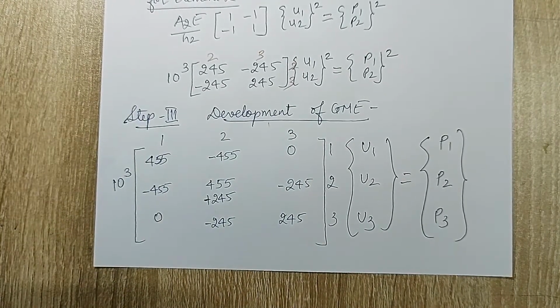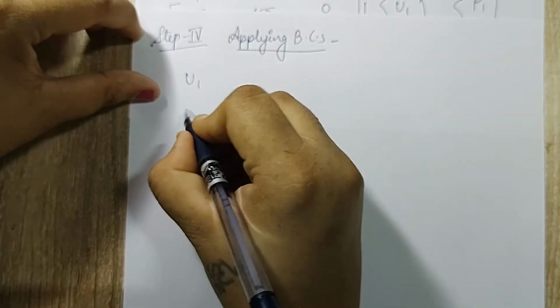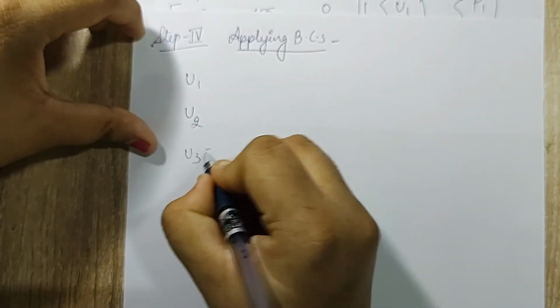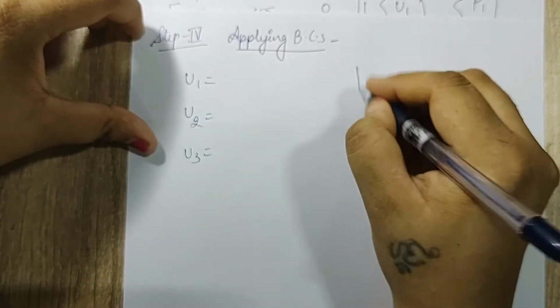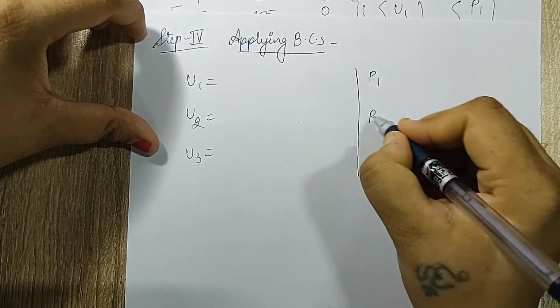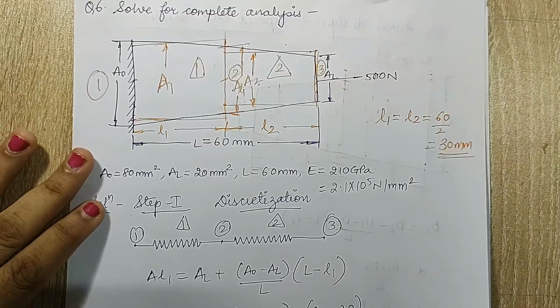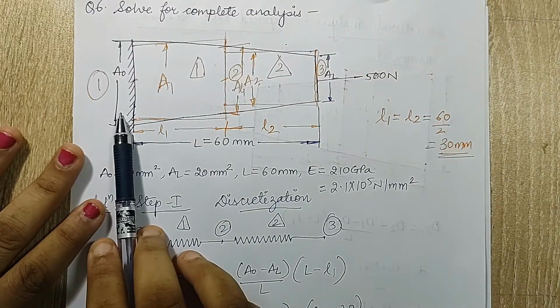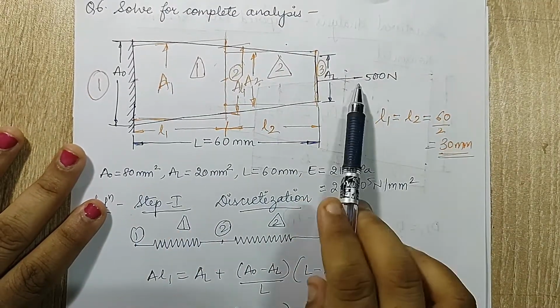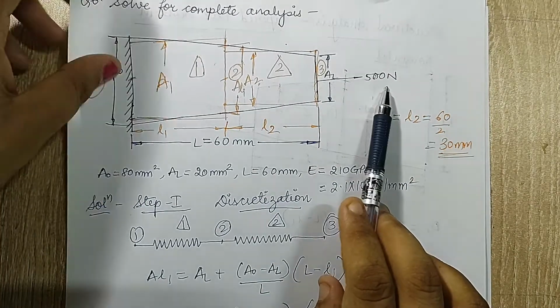Next I will go for step 4, which is applying boundary conditions. The variables are U1, U2, U3, P1, P2, P3. When I look at the diagram, I have node 1 fixed and at node 3 there is a load of 500 Newton.